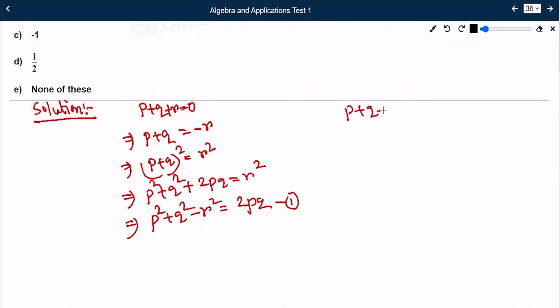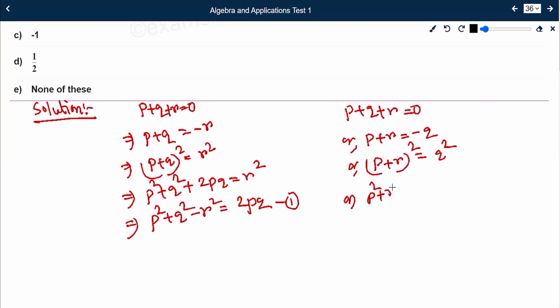Then again, in the next step, I am taking, say, q to the other side. Same, square both sides as well. Let me write here, yes, minus 2PR.